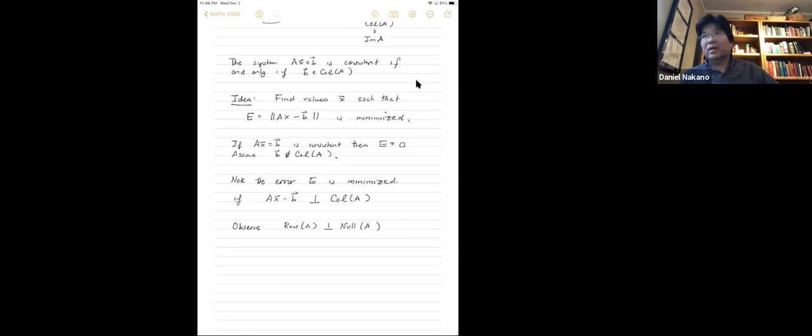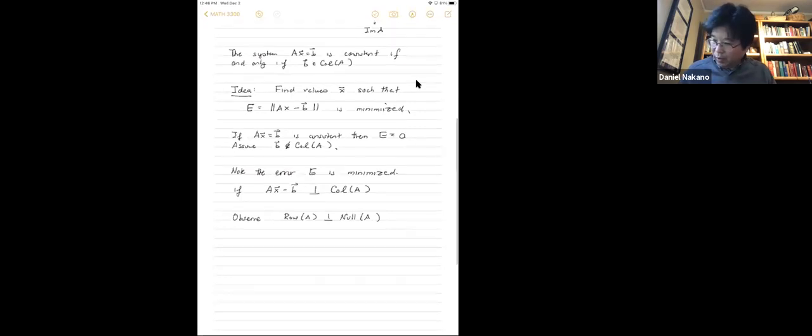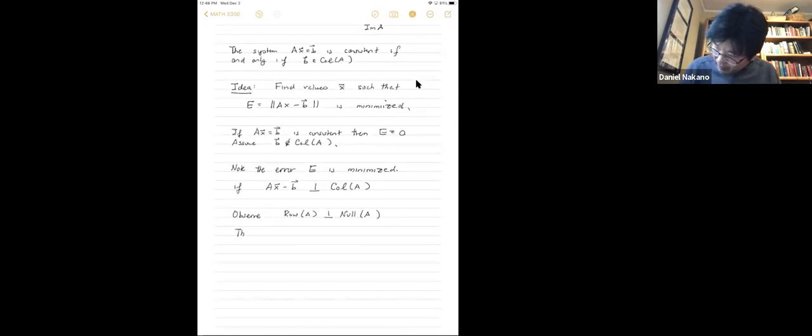Since the column space is the row space of the transpose of A, the column space of A is perpendicular to the null space of the transpose of A.